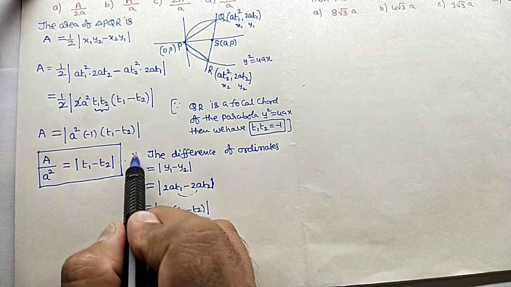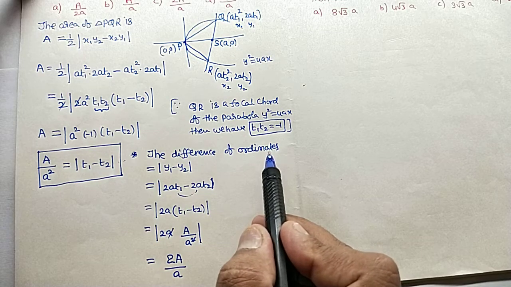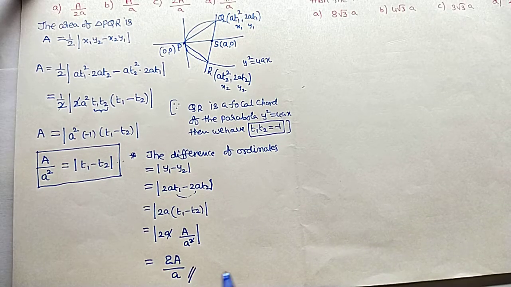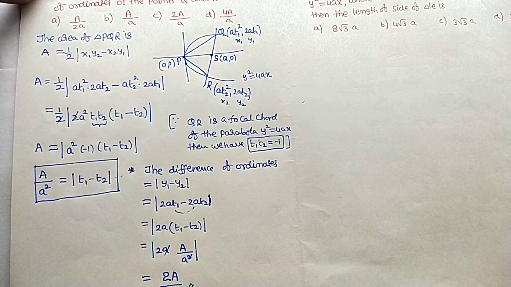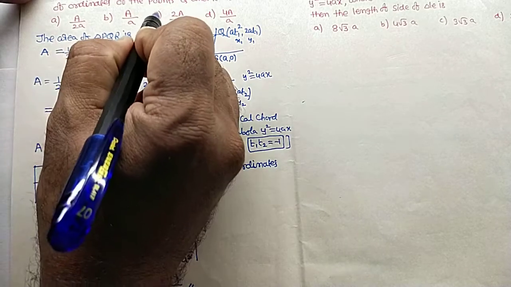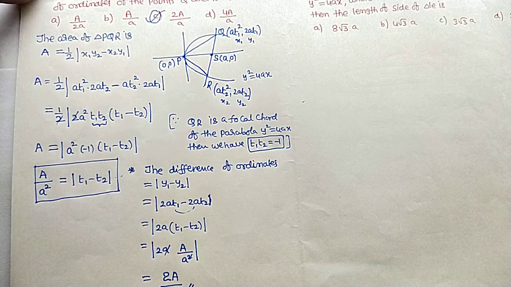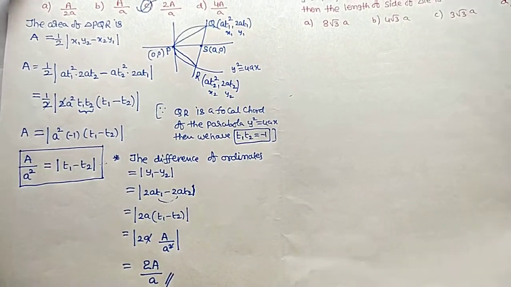Therefore, the difference of ordinates of the points Q and R is 2 into capital A divided by small a, which is in the third option. Think, understand this one. We'll move to the next question.